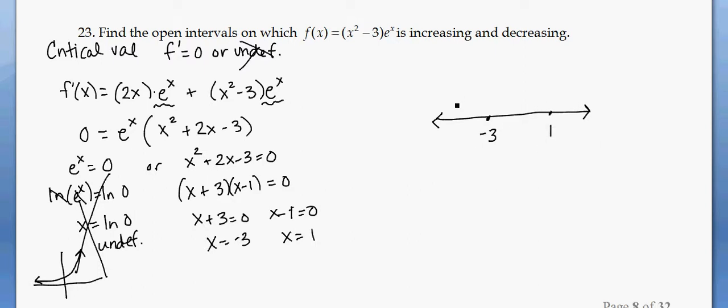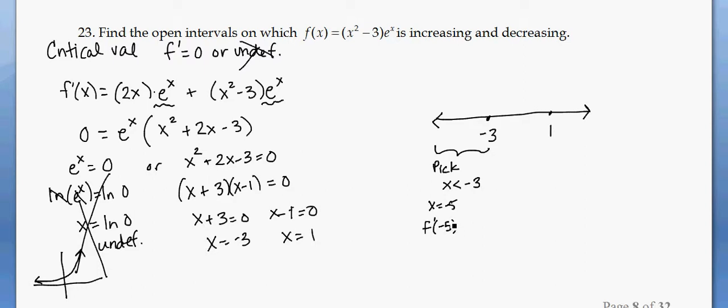So what I want to now do is pick a point. Pick an x less than negative 3. Pick any number you want. Let's say negative 5. So x equals negative 5. And we evaluate the derivative f prime at that point and look just to see what's the sign of it.